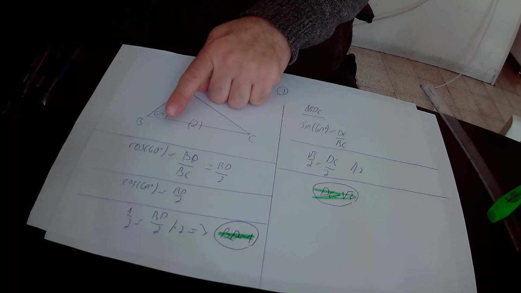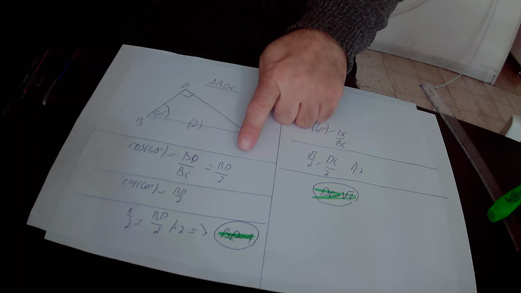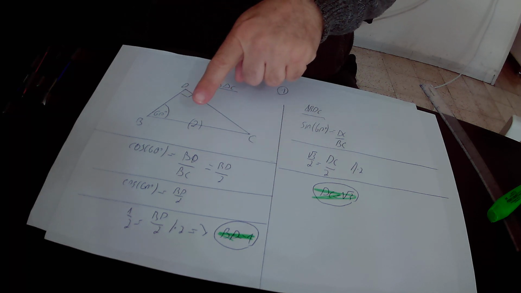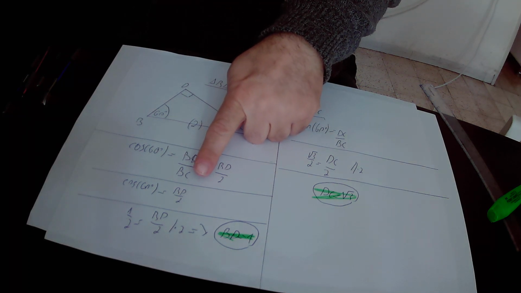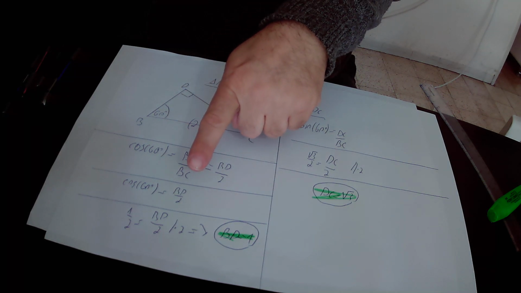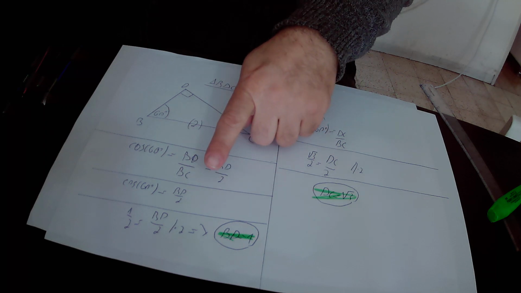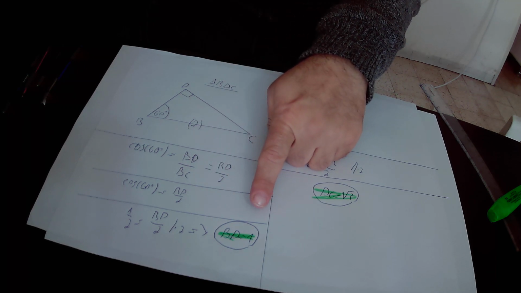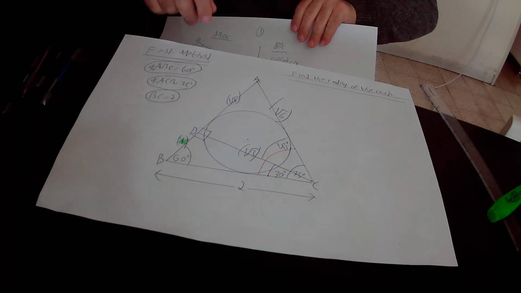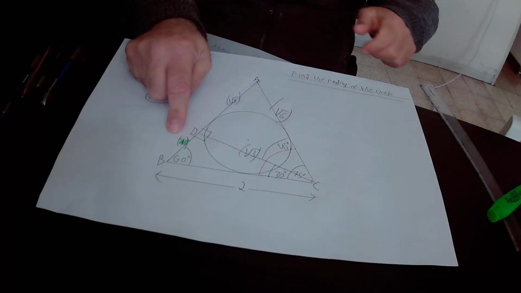Cosine 60 degrees equals BD over 2. Cosine 60 degrees is 1/2, so 1/2 equals BD over 2. We multiply this equation by 2 and finally find that BD equals 1 unit in length.